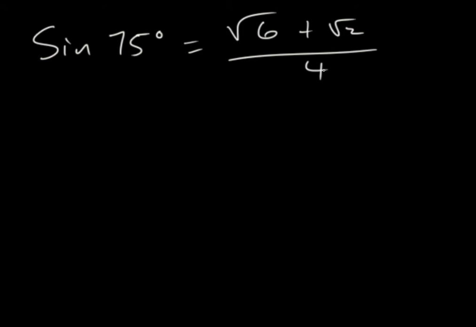Okay, so it says without using our calculator, we need to show that sine of 75 degrees is the square root of 6 plus the square root of 2, all divided by 4.